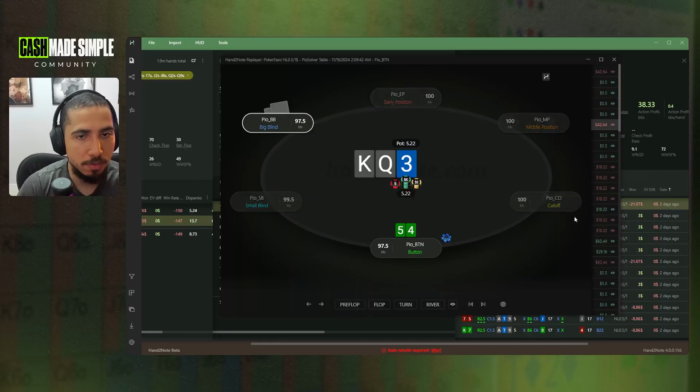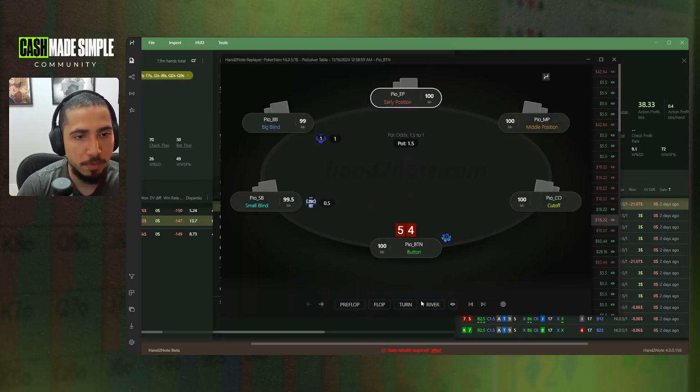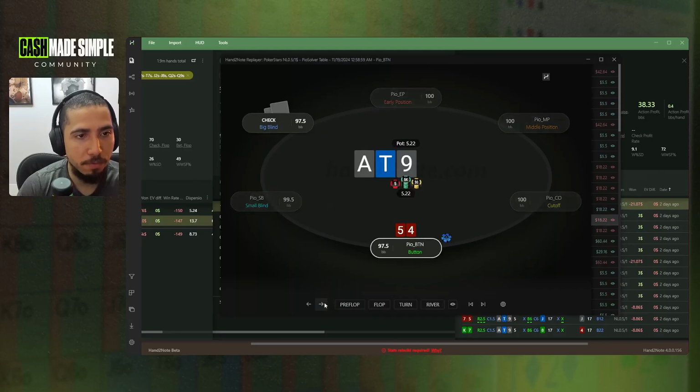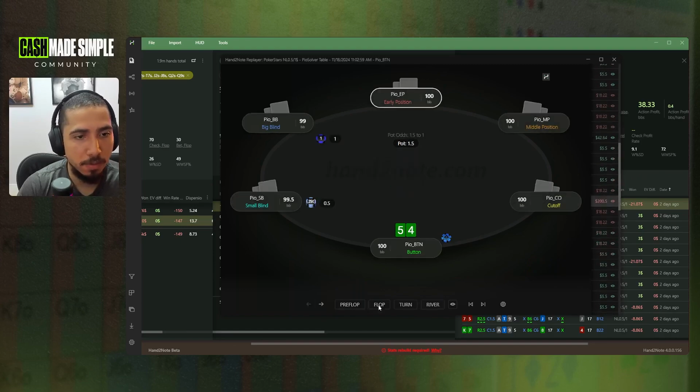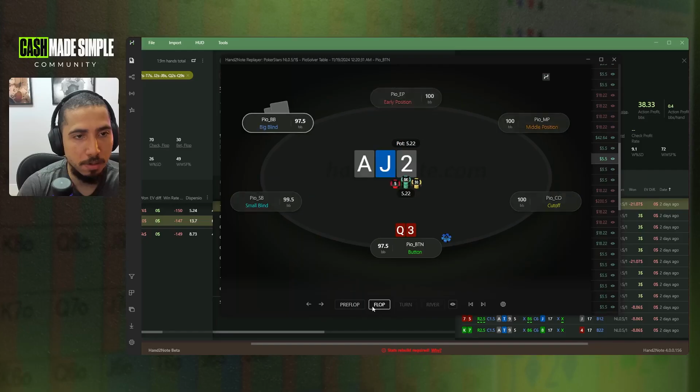So suited trash is just about these hands here that have absolutely nothing going on for them. Absolutely nothing. So 5-4 of hearts on ace 10 9, 2 don't. King 3 of hearts on ace 10 7, 7 5 of hearts on ace 10 9, jack 5 of clubs on ace 10 9. Just complete garbage hands.